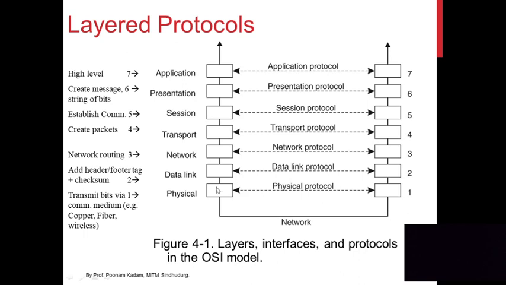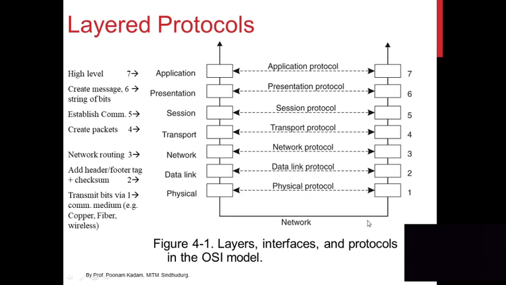That is taken care of by the data link layer. Then comes the physical layer, which is responsible for transmitting the data. In the physical layer, communication links are used, so data is transferred in terms of 1 or 0, that is, in signals, over copper wires, fiber, or any wireless network. This is the duty of the physical layer.